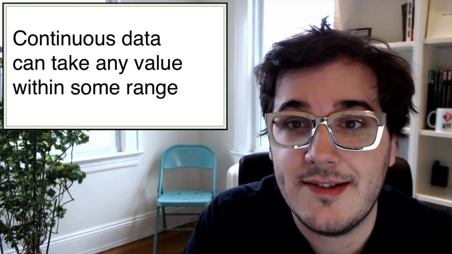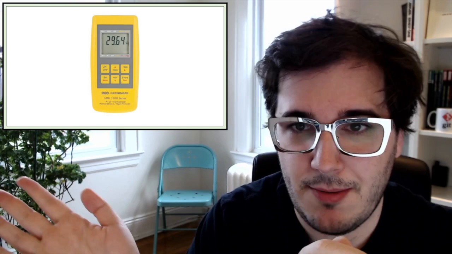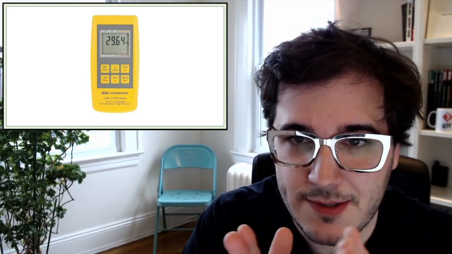So let's say temperature, right? Temperature, you can drill down to the 100th decimal place if you wanted to. What's the temperature outside? It's 72.38962.7, blah, blah, blah, right? It can get smaller and smaller and smaller. Let's say self-esteem.